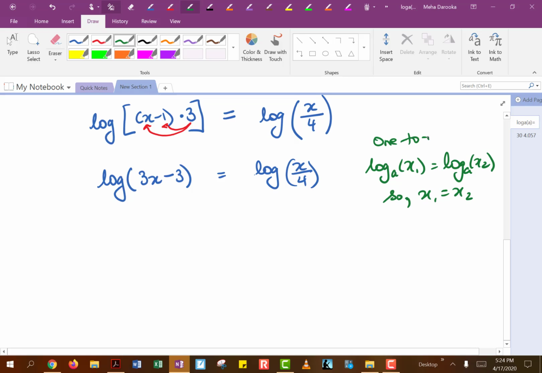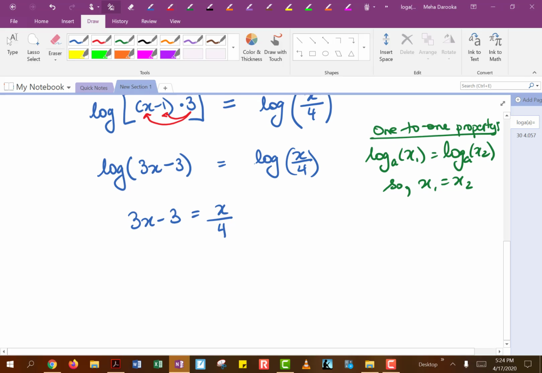So this is the 1-to-1 property of logarithm. So we can use that here. And that means you can basically just say 3x minus 3 is equal to log of x over 4. And that's what the 1-to-1 property helps us do.